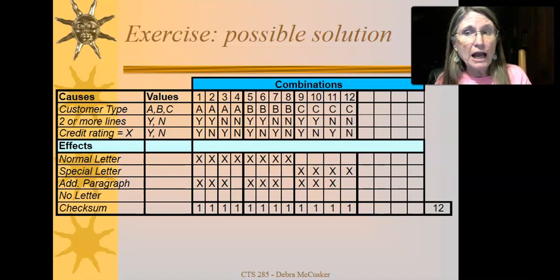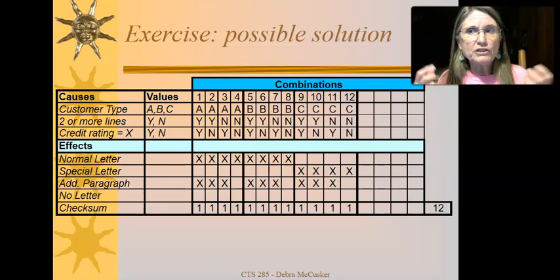If a customer had 2 or more lines of credit, that's another cause, another input. And the answer to that question was either yes or no. So that is the next cause. And then there was that special magic credit rating of X. And again, the customer either had that or didn't. So it was a yes or a no.